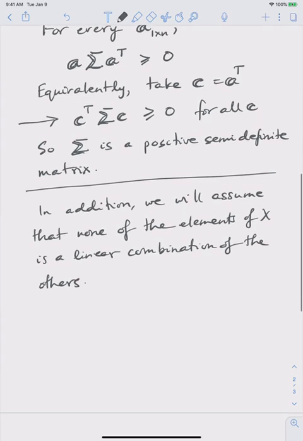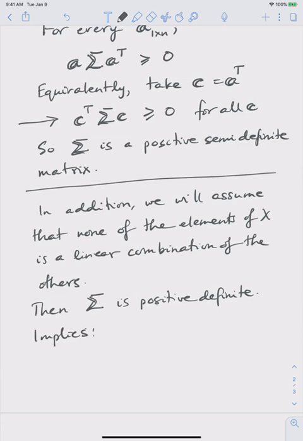Under this condition, sigma is actually positive definite. And that means that it is invertible.